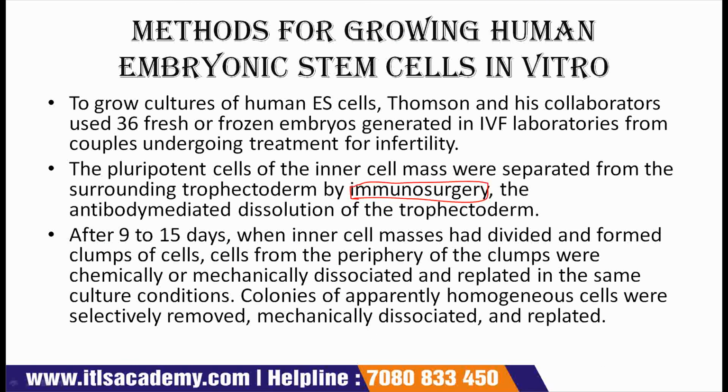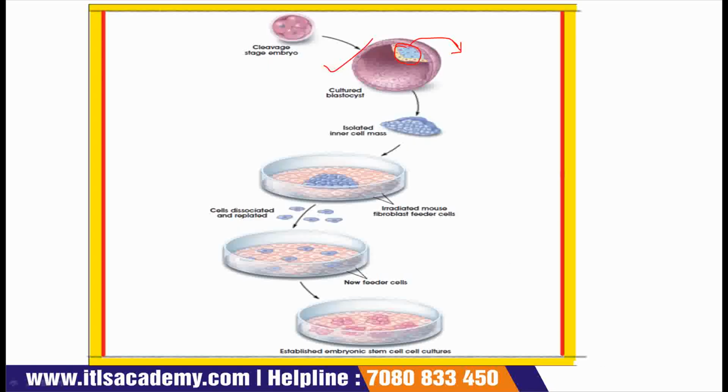By this technique, we separate our inner cell mass. The layer dissolves and the inner cell mass remains, which is taken outside and isolated. Here you can see the isolated inner cell mass.